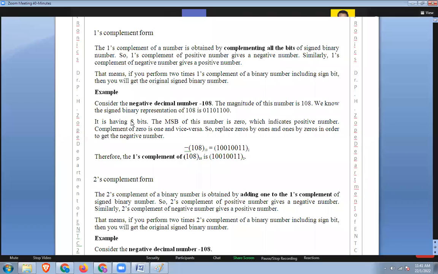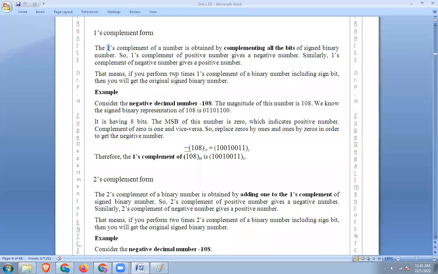You can find the ones complement by replacing 0 by 1 and 1 by 0. Is the slide visible to everyone? Now I will show you with an example how you can find the ones complement form conversion from negative to positive or positive to negative.